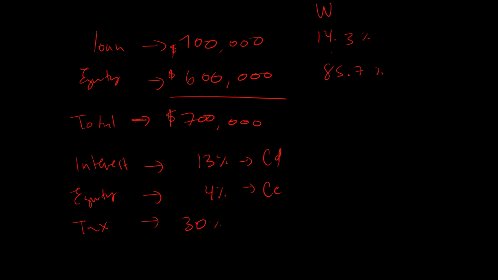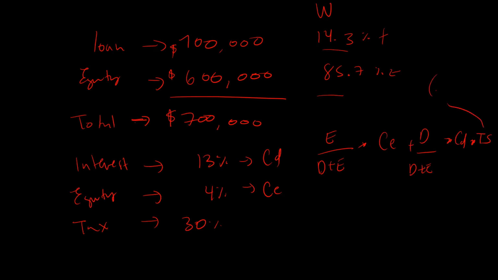We need to take equity over debt plus equity, which will be this number, times the cost of equity, plus debt over debt plus equity, which will be this one here, times cost of debt times the tax shield. And the tax shield is 1 minus the tax.